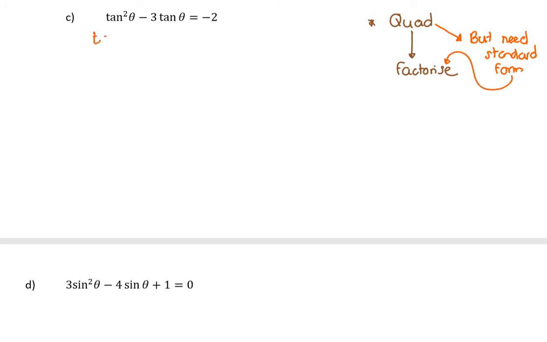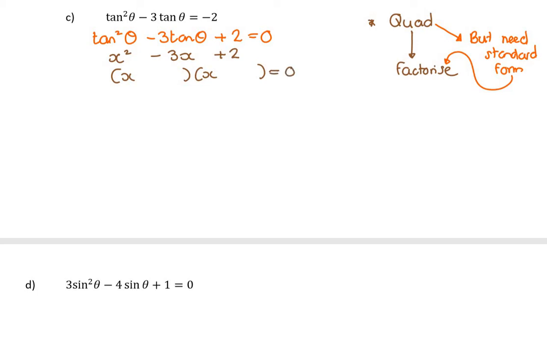So first what I would do here is say tan squared theta minus 3 tan theta plus 2 is equal to 0. Now I can factorize. Especially in an exam, if I didn't like this, change the tan to an x, go and factorize it, and then on your answer sheet you can just write down the factorized tan version.